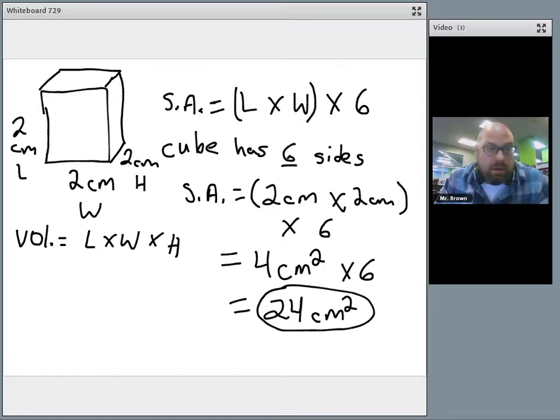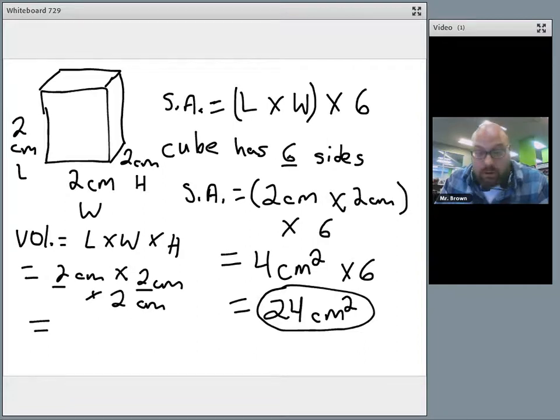So volume is 2 centimeters times 2 centimeters times 2 centimeters. 2 times 2 is 4, 4 times 2 is 8.